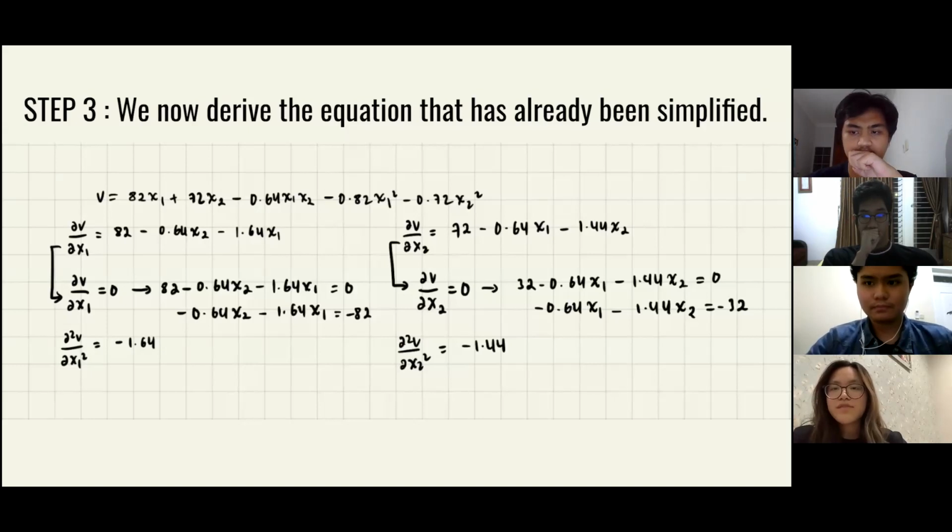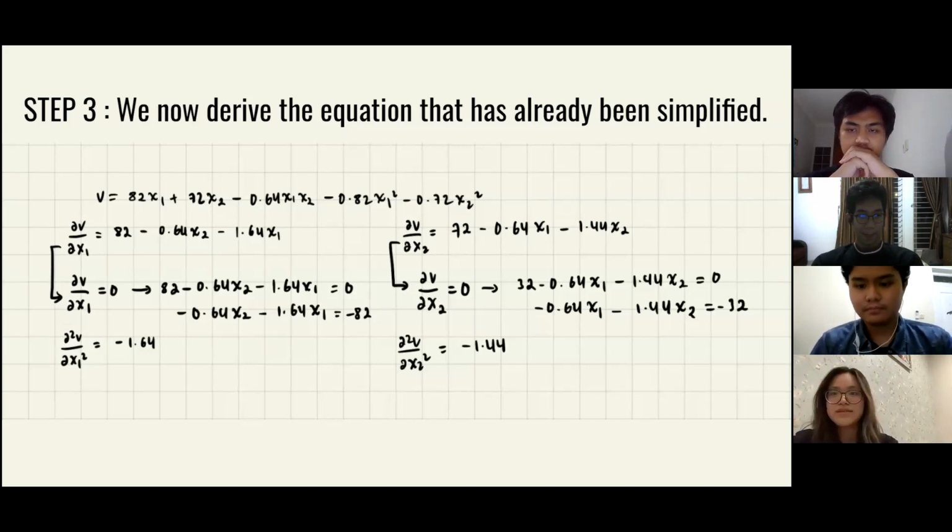So after we simplify the equation V, we get 82x1 plus 72x2 minus 0.64x1x2 minus 0.82x1 squared minus 0.72x2 squared. We first differentiate with respect to x1.